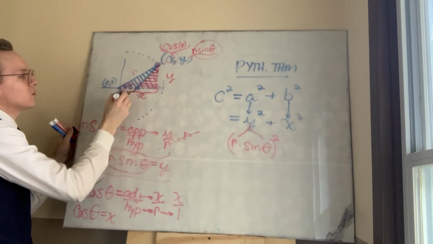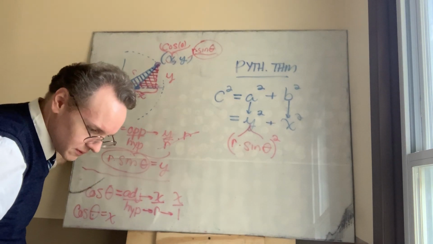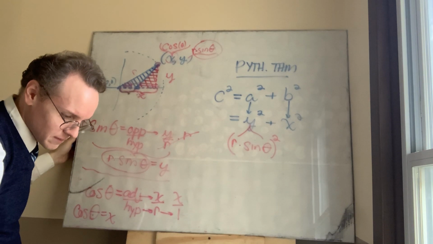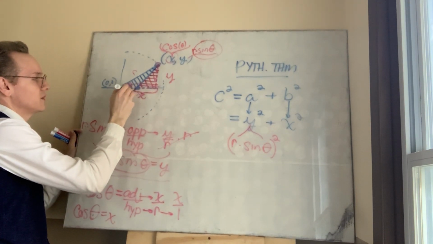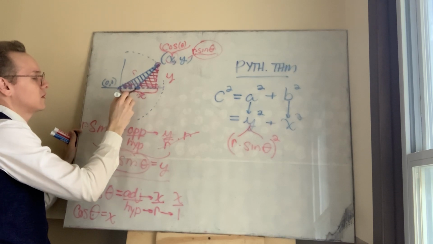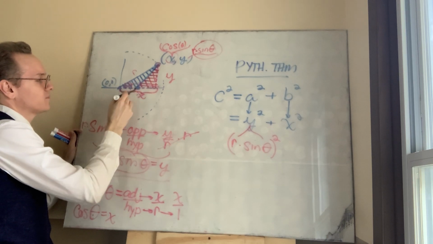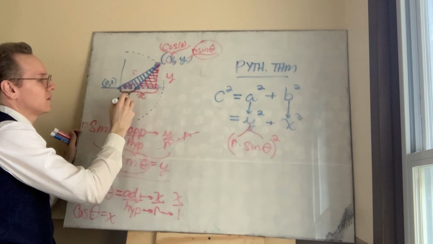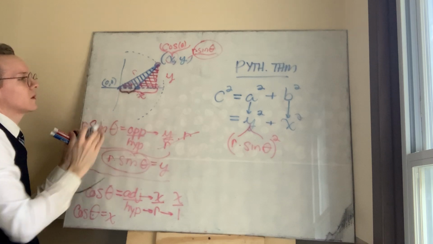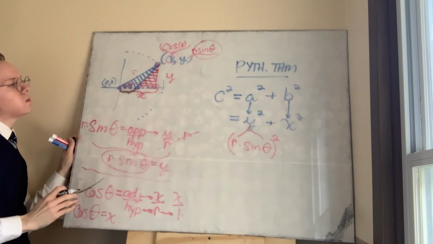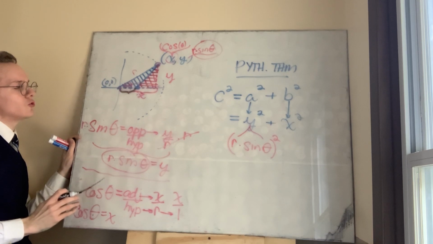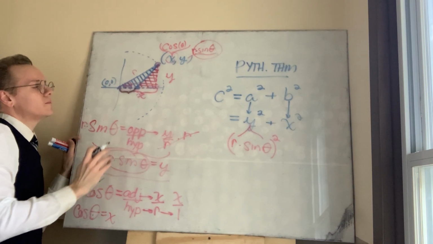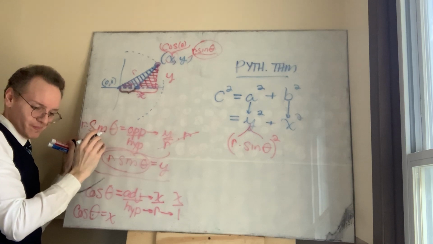This chunk here would be, let's just call it some letter. Let's call it C, just not to confuse it with anything else. I don't want to keep changing the labels too much.